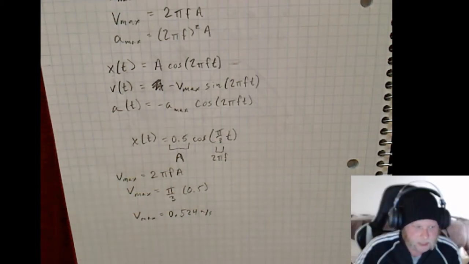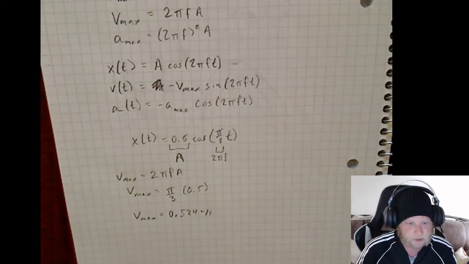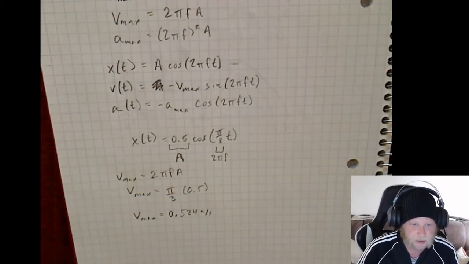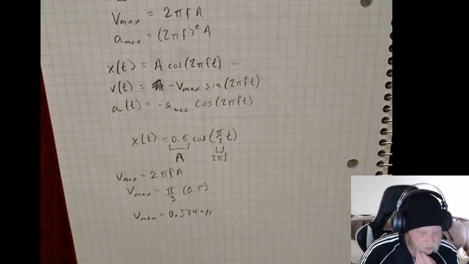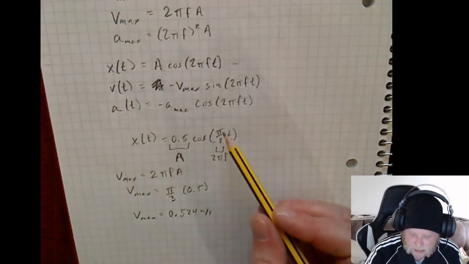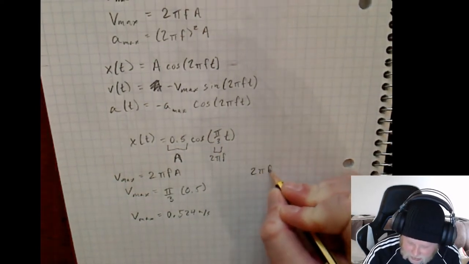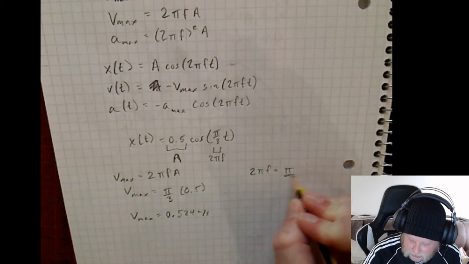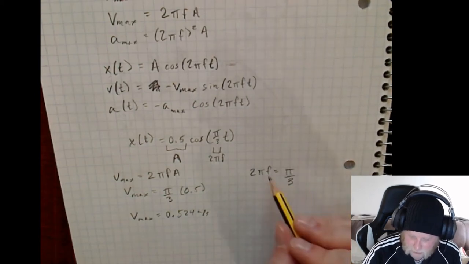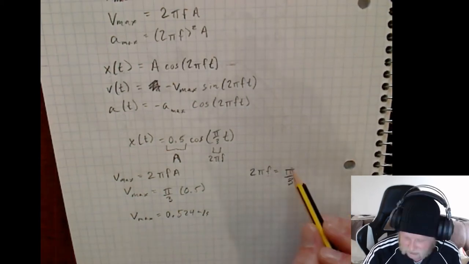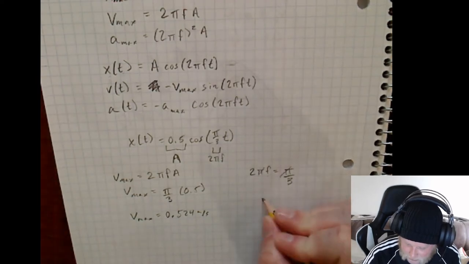Now question 2 asks, what is the period of oscillation in question 1? Well, we know that period and frequency have an inverse relationship, right? We also know that 2 pi f is equal to pi over 3. So if we set 2 pi f equal to pi over 3, we can solve for f to get our frequency. So our pi's cancel.